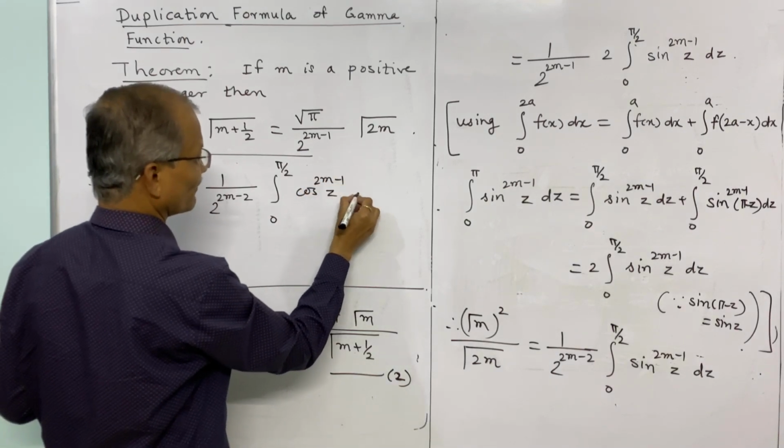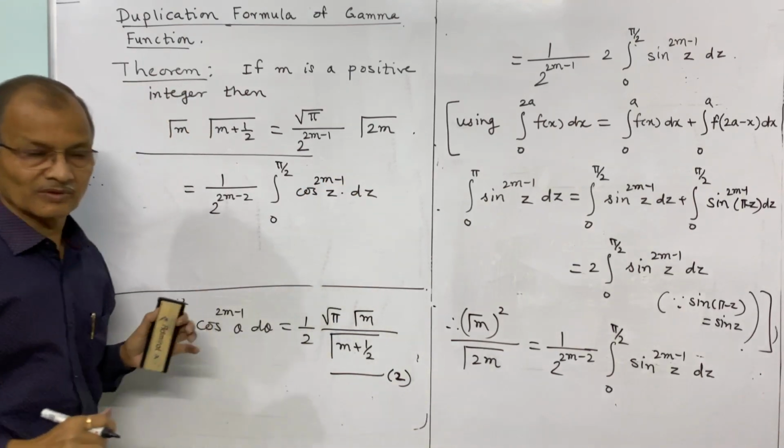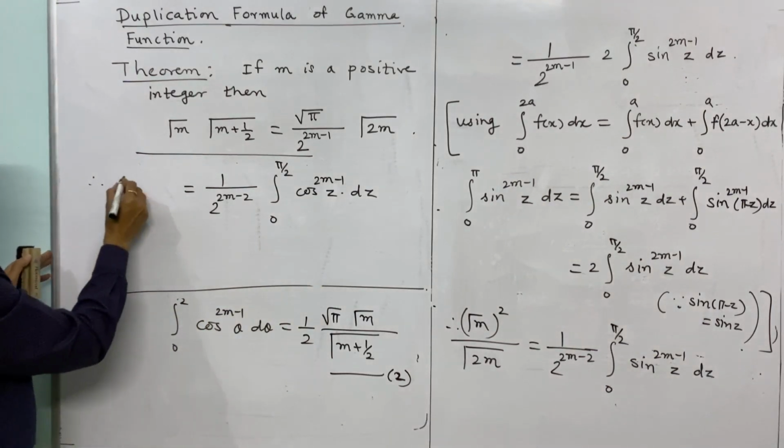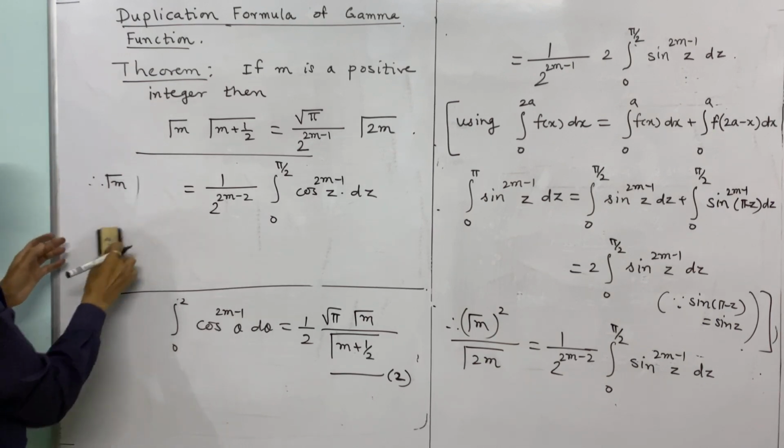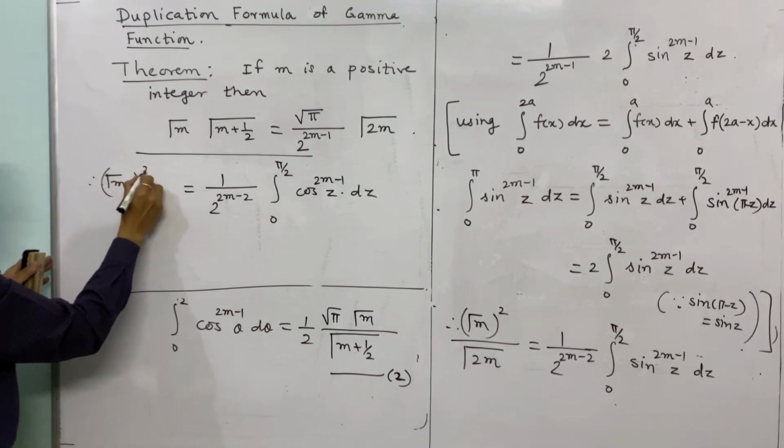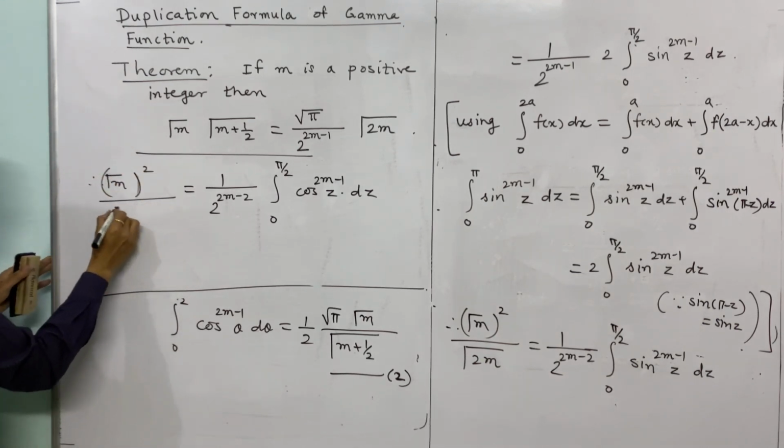Again the property of definite integral we have to use. Which property is used? The left side is gamma of m whole square divided by gamma of 2m.